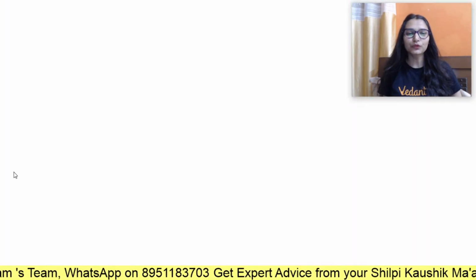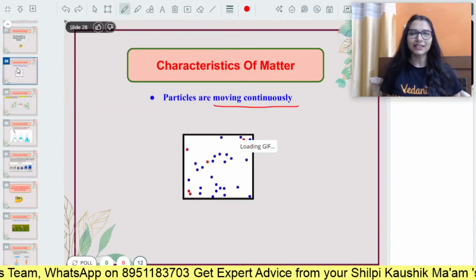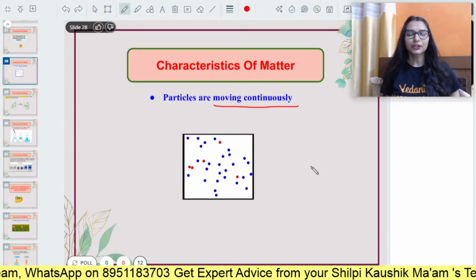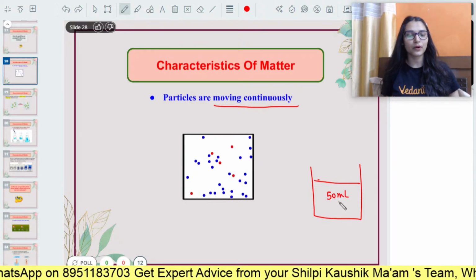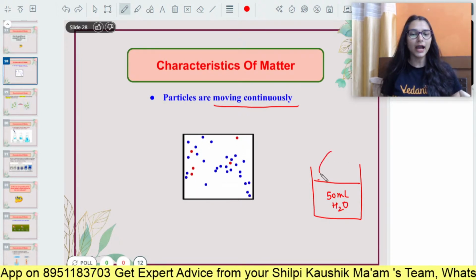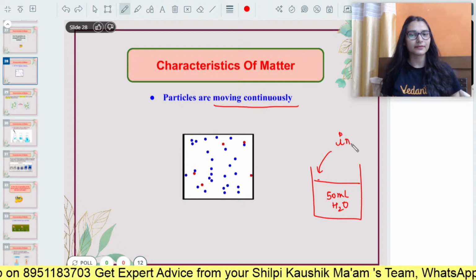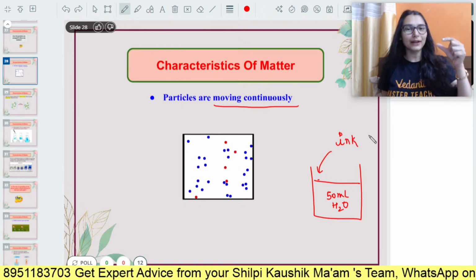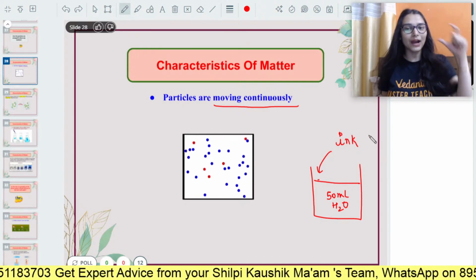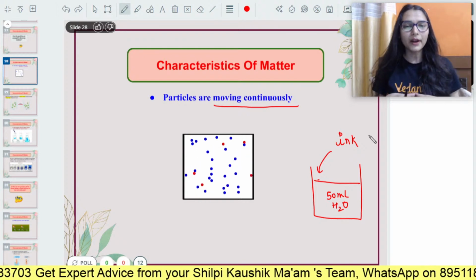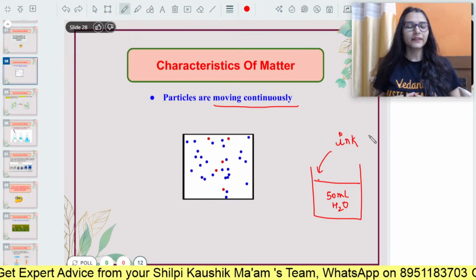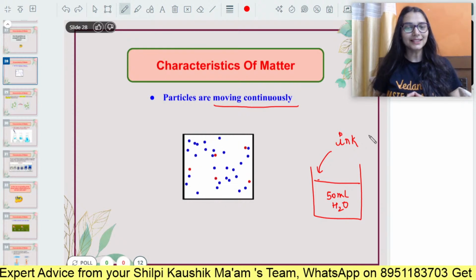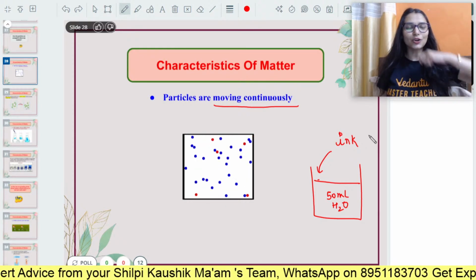How can you prove that particles of matter are continuously moving? It is simple. You take a container, let's say I have taken 50 ml of water, and then you add a few drops of blue ink, just 2-3 drops, into the water. Even if you don't stir it, after some time you will see that the ink gets dissolved in water.